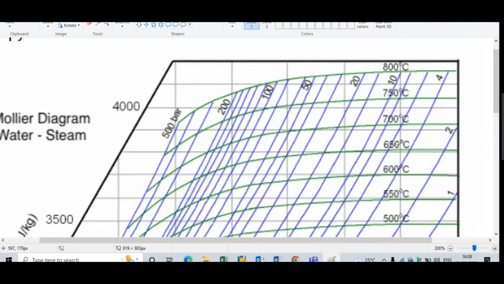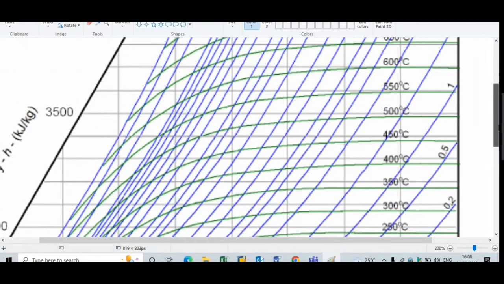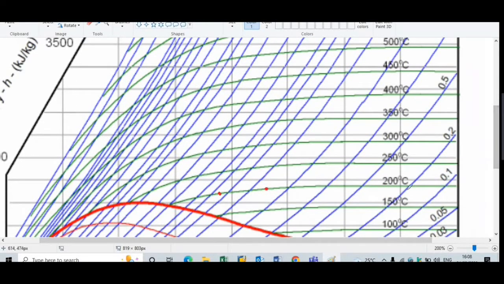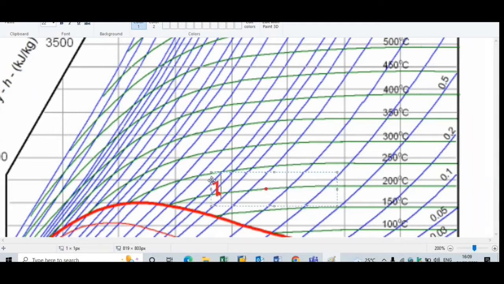So here is 650 degrees Celsius, 500 degrees Celsius. Now if we observe here, here is the 200 degrees Celsius. And in between this 4 bar and 6 bar, there is the pressure of 7 bar. So this point will be point 1. So we will write here point 1.